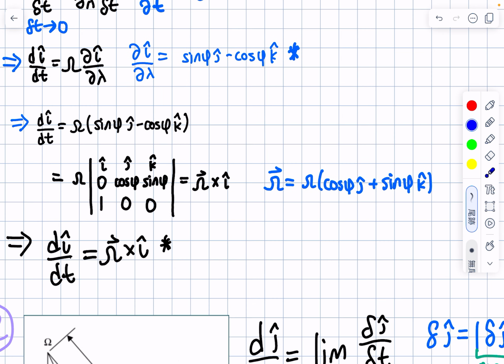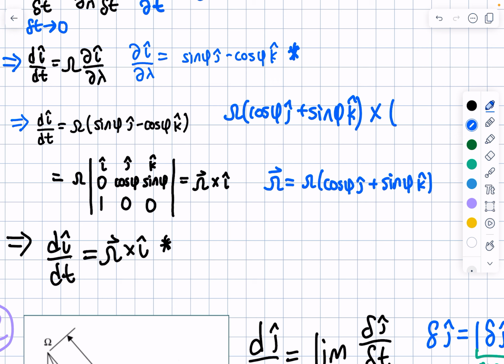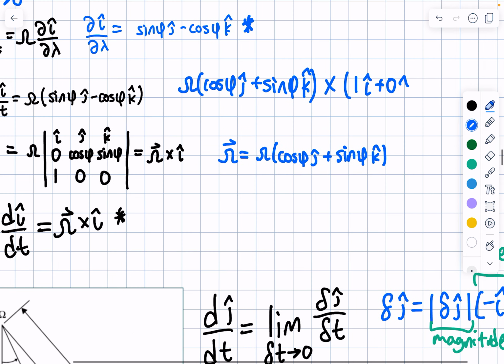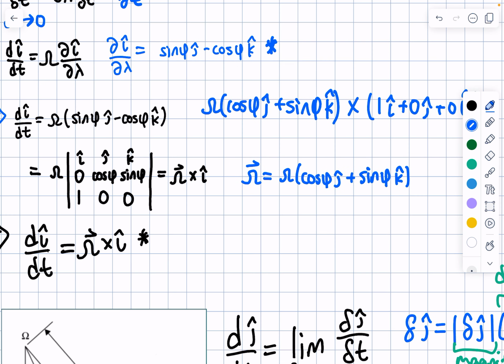And just to expand on what I was just saying, when you take the cross of two things, we have omega cos phi j plus sine phi k. We cross this with I, which is 1 I plus 0 j plus 0 k.